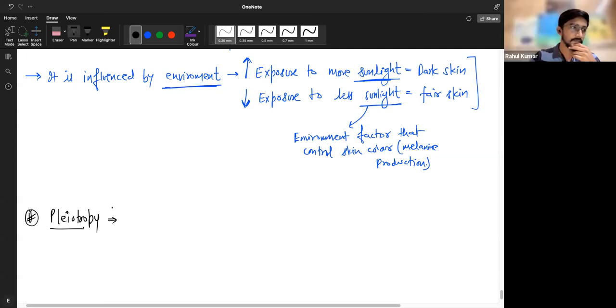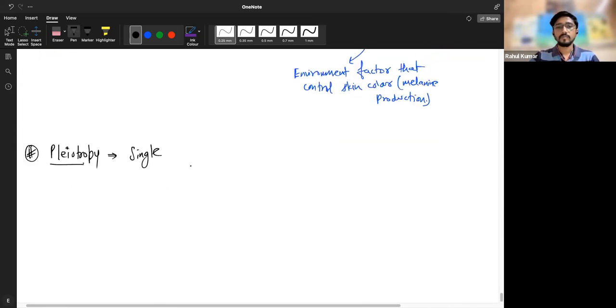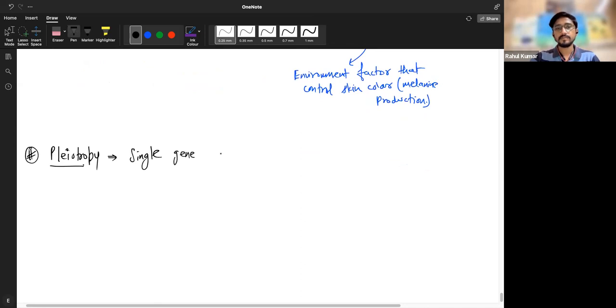Okay, so write down. When a single gene can exhibit multiple phenotypic expressions.